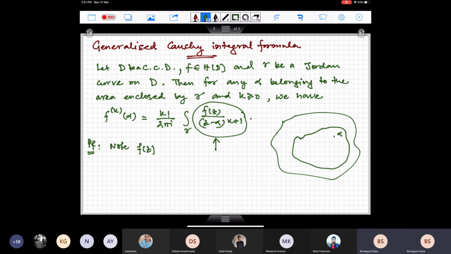So therefore, to integrate this function using the Cauchy residue theorem, what information do I need? Tell me, what information do I need?